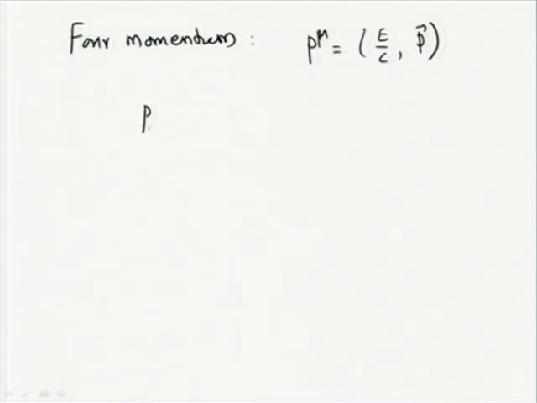Again, P mu P mu is equal to E square over c square minus P square.